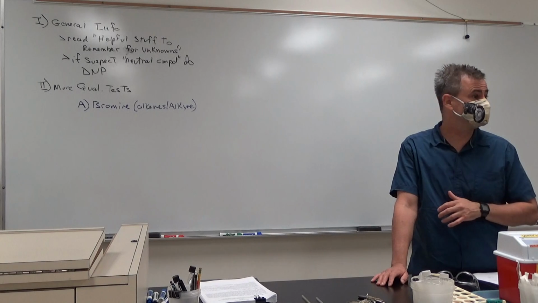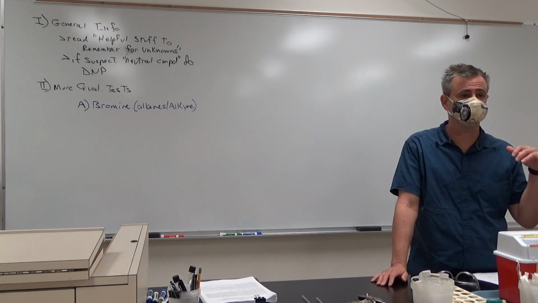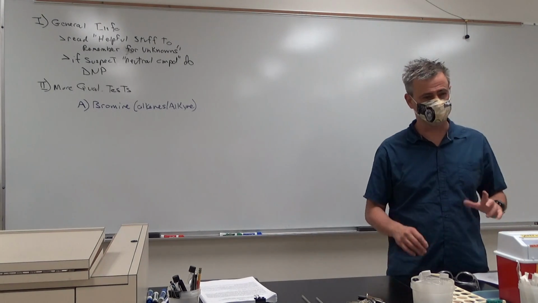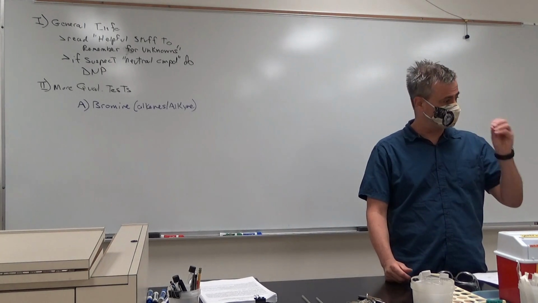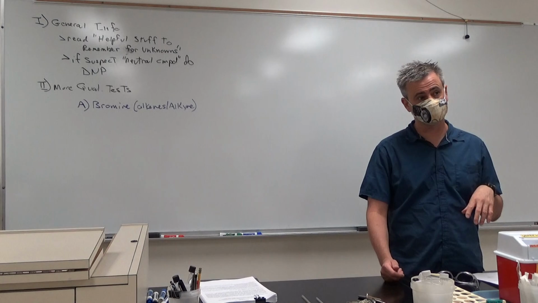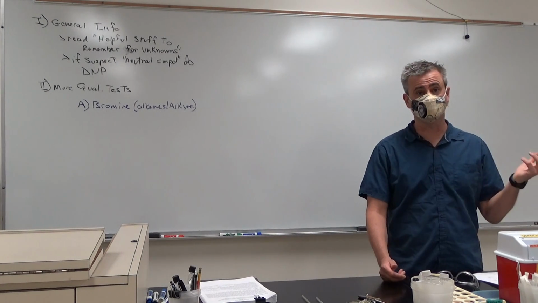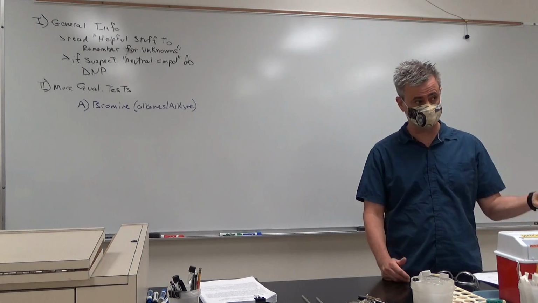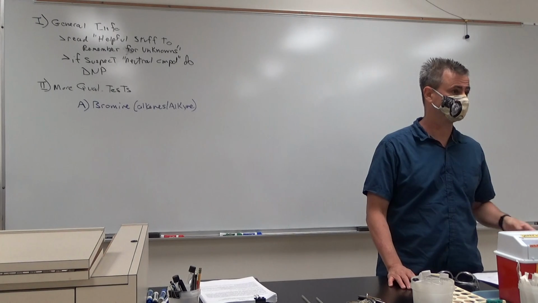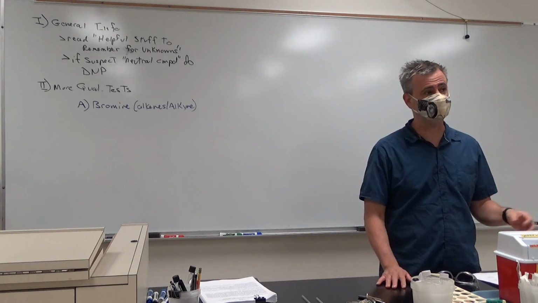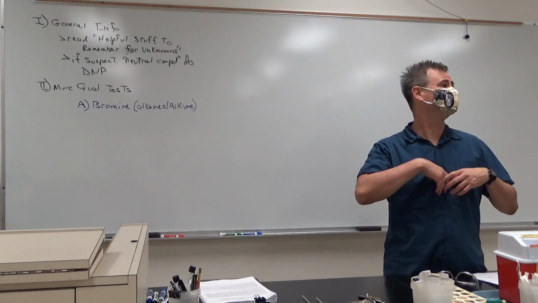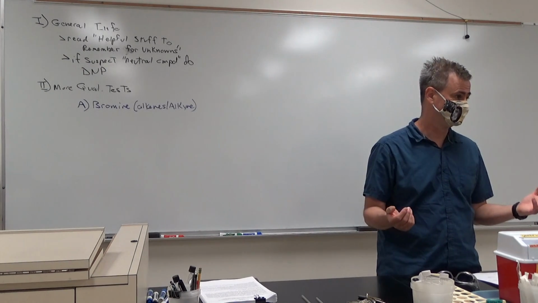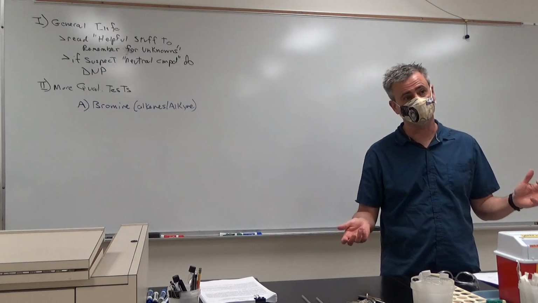If you add more than 2 drops, and the color doesn't go away, that means there was nothing to react with the bromine. So you can conclude, I have evidence to suggest there is no alkene or alkyne.